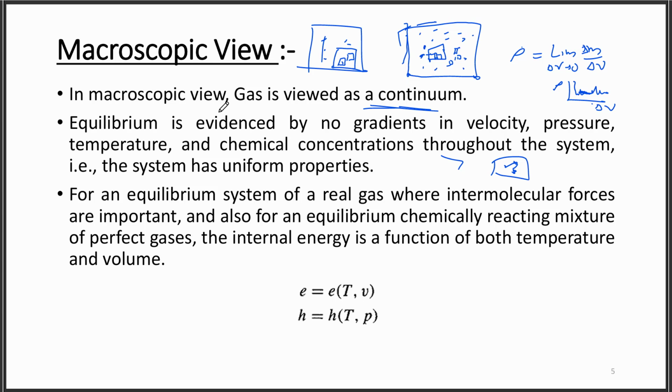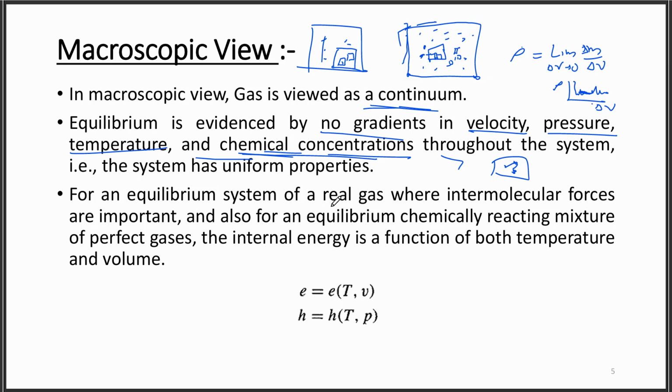And we can find equilibrium if there is no gradient in flow properties like velocity, pressure, temperature, and chemical concentration throughout the system. That is, the system has uniform properties.